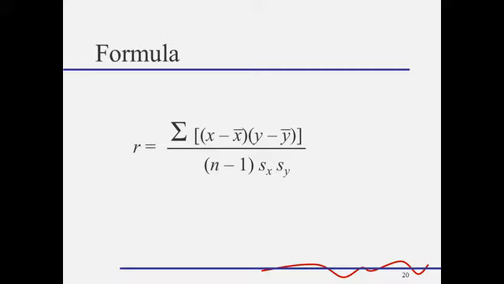However, notice that first you'll need to compute the mean and standard deviation for both variables separately. This is why it's much better to use the calculator function, because it's less time consuming and because there is less room for error. Notice that R is our symbol for the sample correlation coefficient.